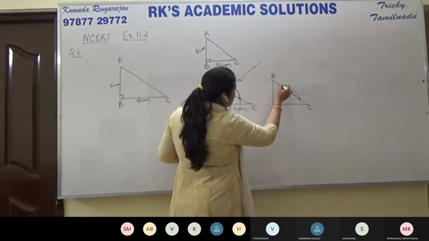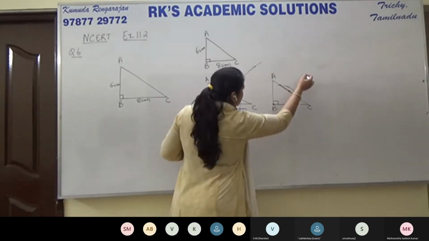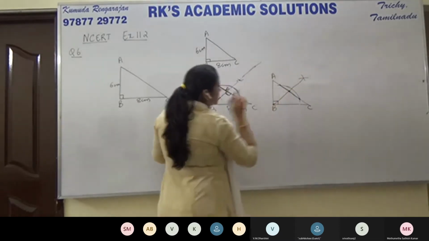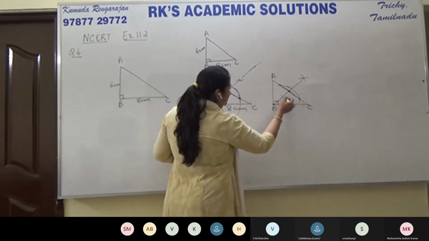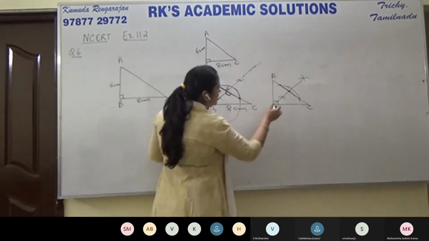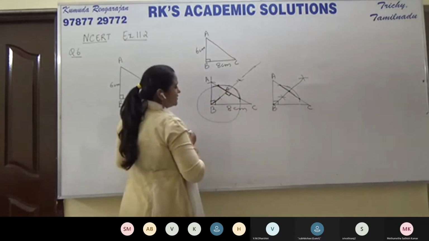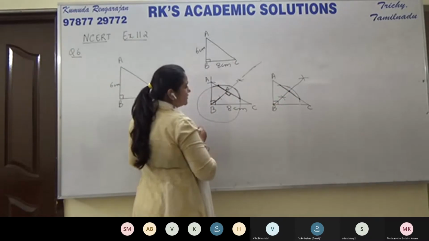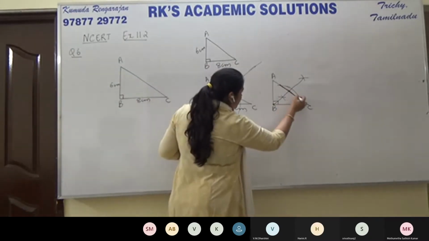For which, with these 2 points as centers and sufficient radius, just make two arcs, and if you join it, you can also make two arcs here. All these 3 points will be collinear. You can connect them by the same straight line, and it will pass through the center B. So we have bisected this chord.